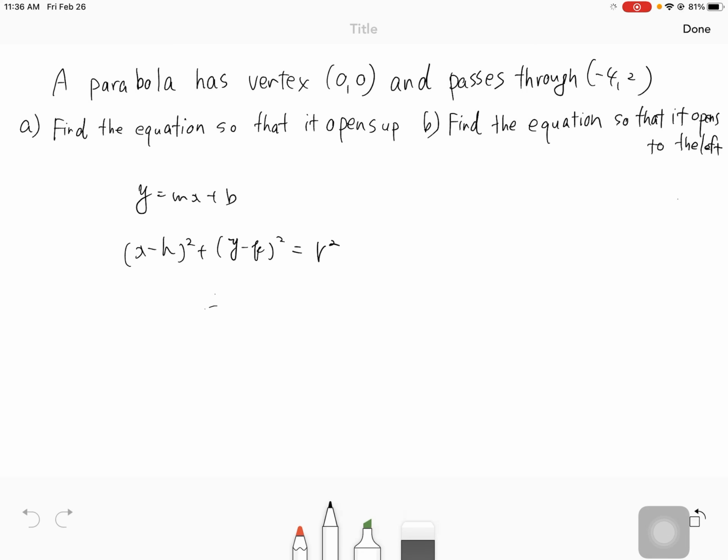So it's back to the question. The question is number A. You have to find the equation so that it opens up. Opens up means it's a vertical parabola. So the equation is 4py is equal to x squared.